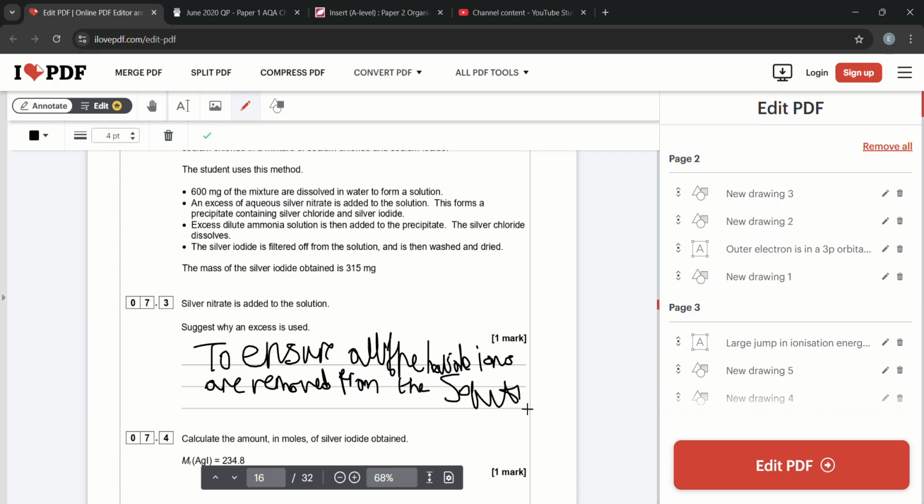So silver nitrate is added in excess, to ensure all the halide ions are removed from the solution.